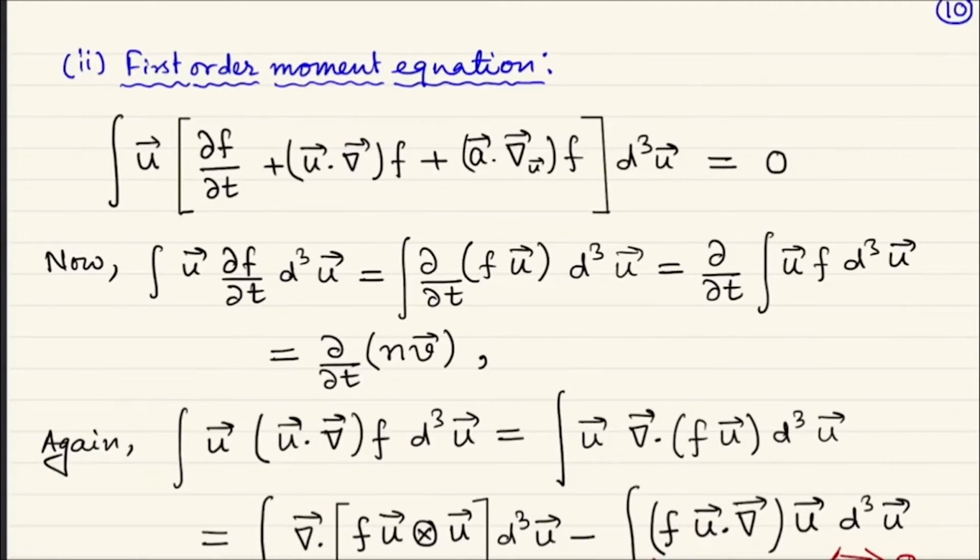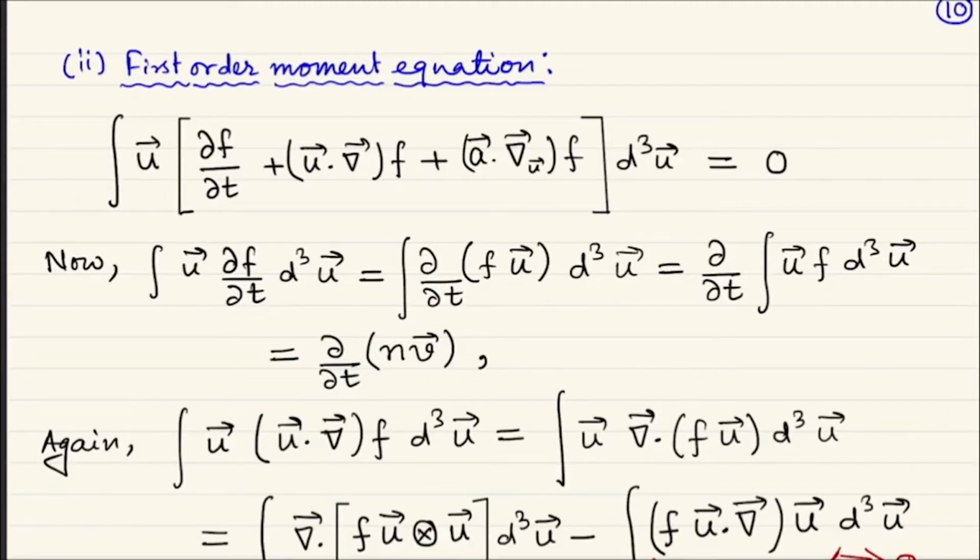So the first order moment equation is the next automatic step. We have to multiply the whole thing by u to the power 1, which is u itself, and the right hand side, irrespective of whether it is collisional or collisionless, will be 0, because u is something which is conserved component-wise and vectorially in a binary elastic collision.